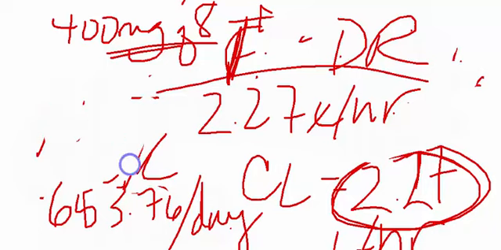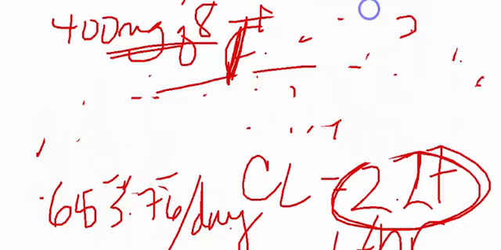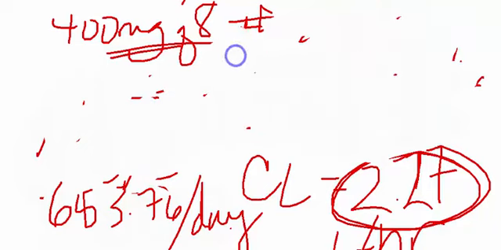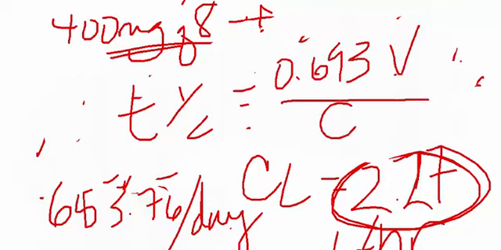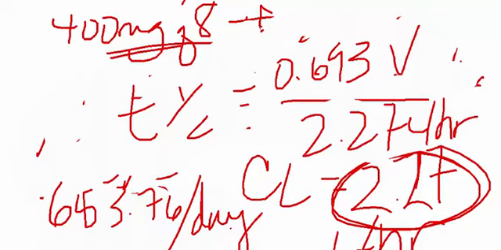I'm going to just leave all this here for now. Got to remember what his clearance was. So half-life is going to be 0.693 volume over clearance, and we know that our patient's clearance is not 4, but closer to 2.27 liters per hour. And his volume, we're going to still have to use our population guess, which is 0.5 liters per kilogram.